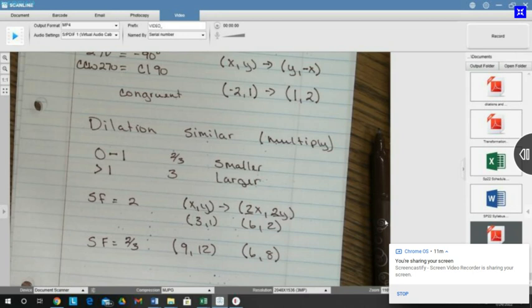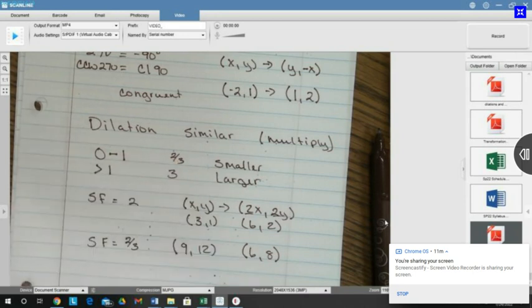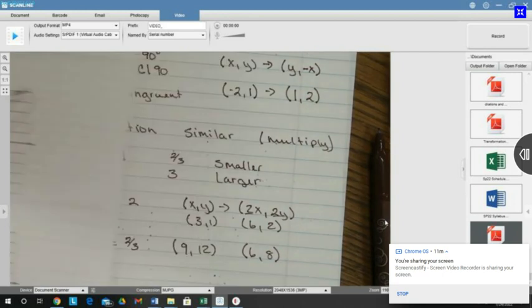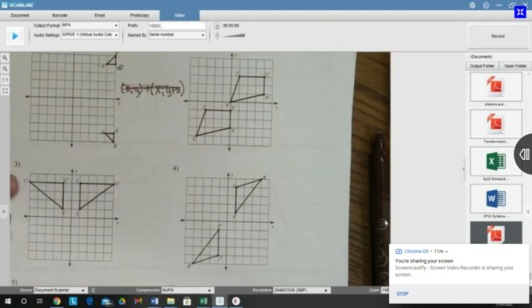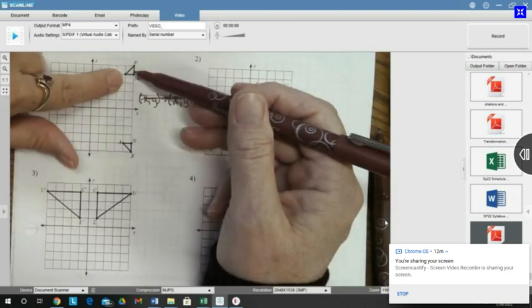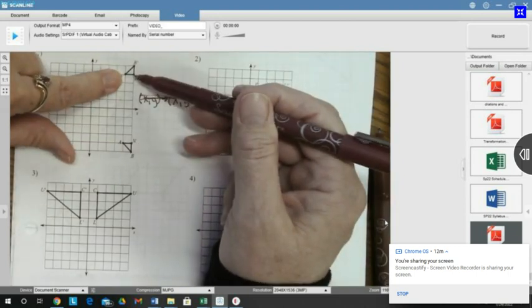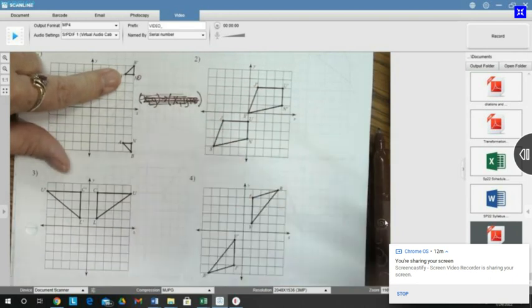Okay, guys, let's look at one of your papers that you had from the sub. I want you to notice this kind of looks like it just got slid straight up, right? As a matter of fact, you can see Miss Graham thought that it had just been slid up.